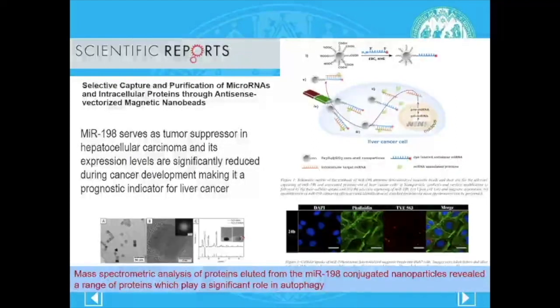By digesting this nanoparticle and doing analysis, we could figure out that we can selectively capture these RNA which are present in the cell by using these nanoparticles carrying the complementary single-stranded RNA.